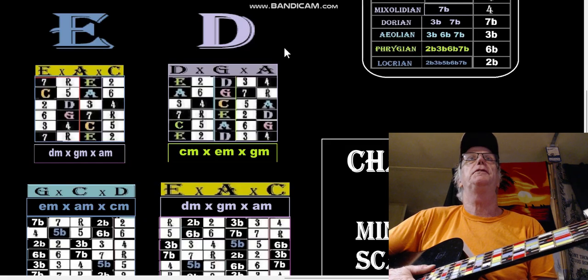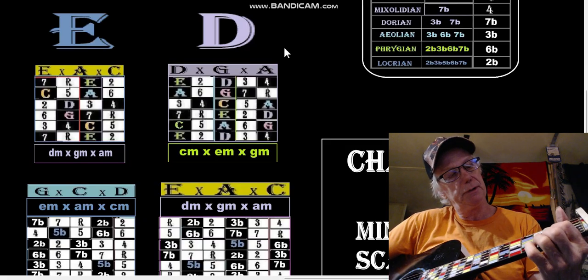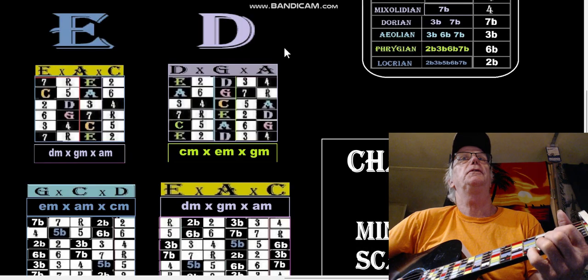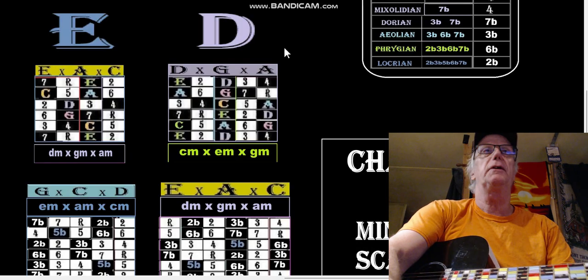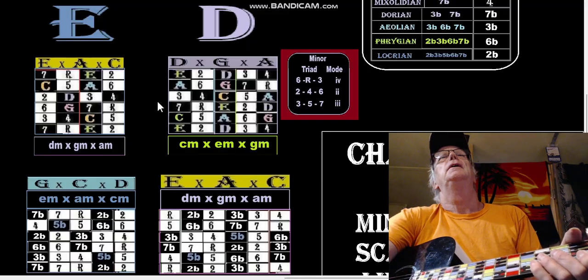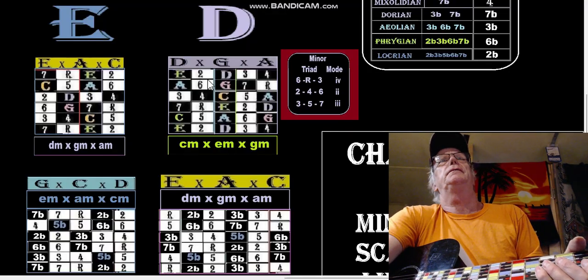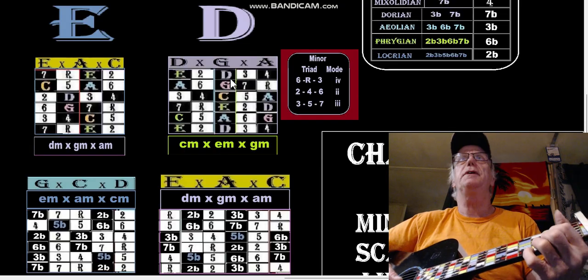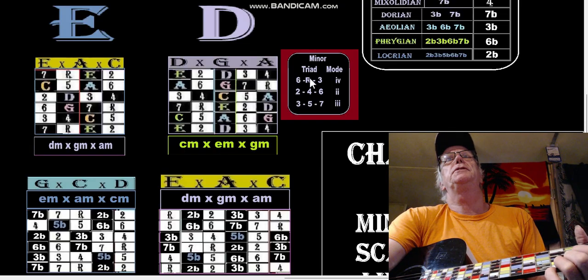Now for the relative minors, your D shape is going to go to that relative minor. Let's get our little diagram. Okay, got our little diagram here. So we've got a D shaped C, and the 6 is going to be 6 root 3.